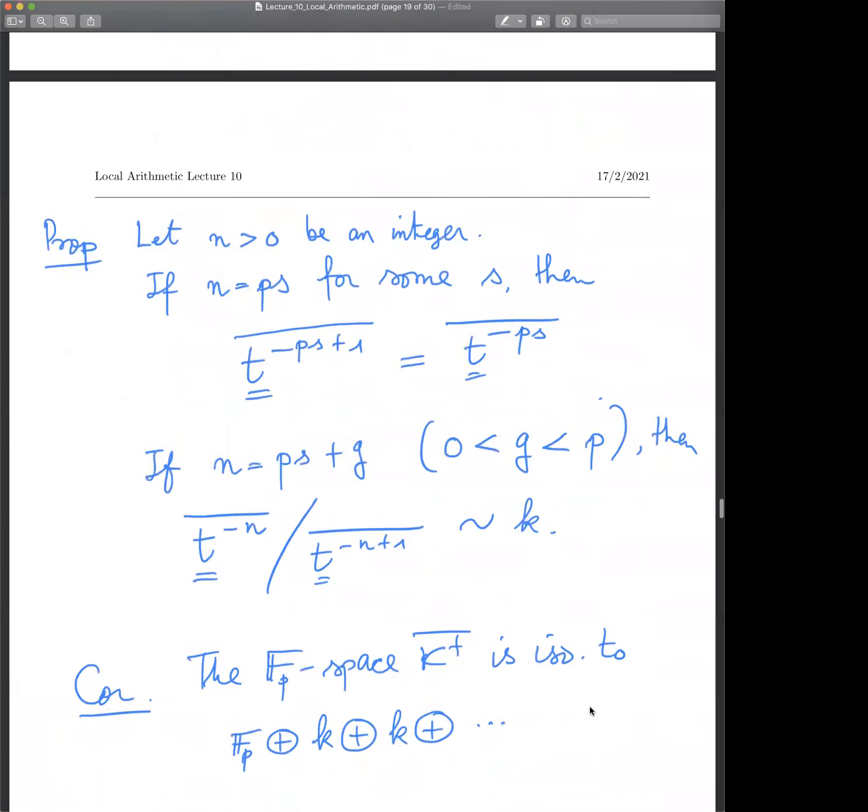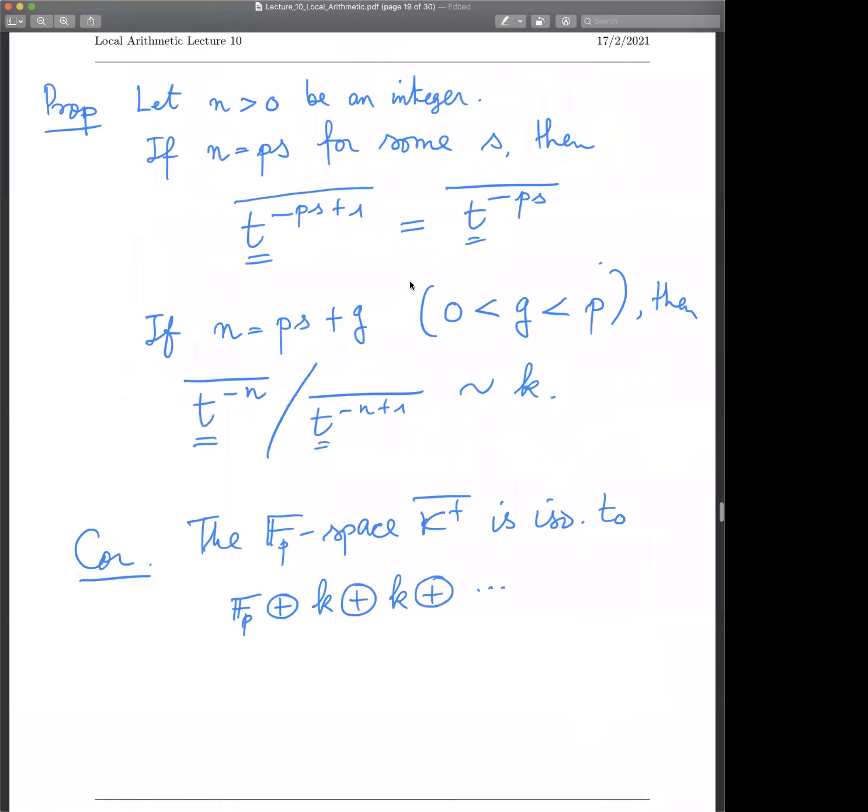Okay. So here's a proposition which is analogous to what we had done for the multiplicative group. It says that if n is a multiple of p, then t to the minus ps plus 1 bar, which is normally a subgroup of t to the minus ps bar, is actually equal to the whole thing.